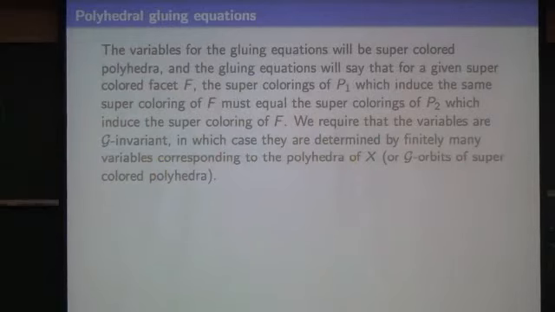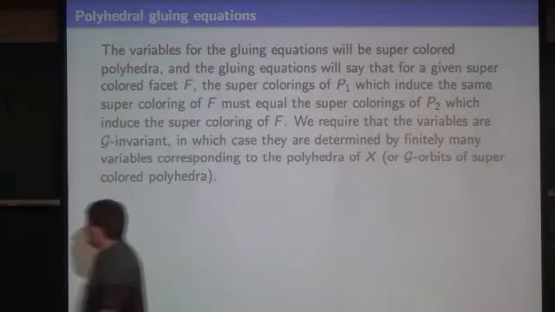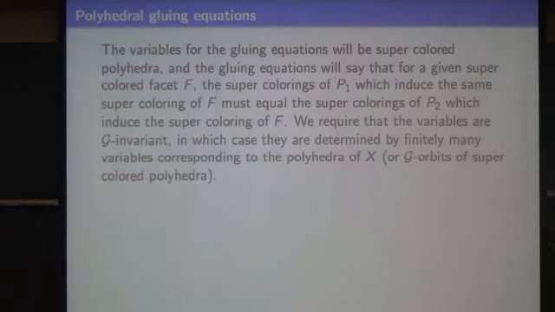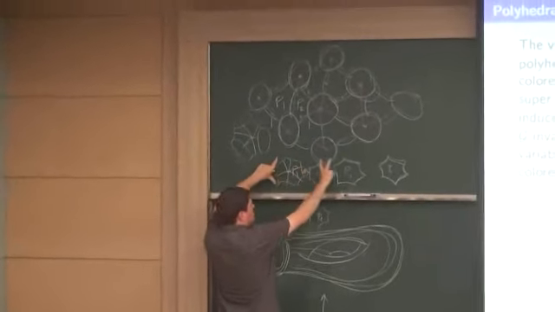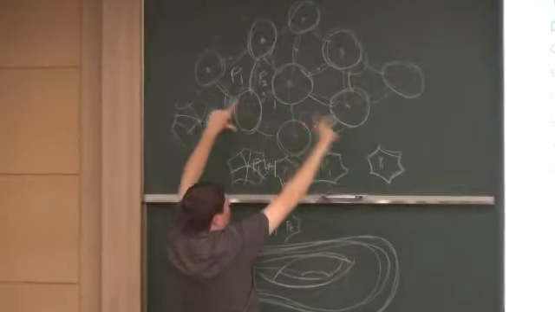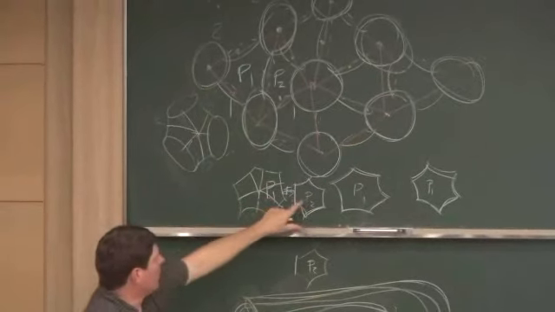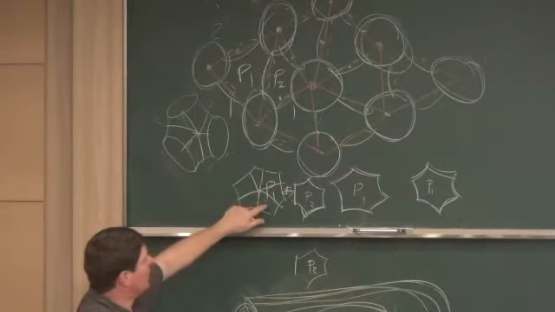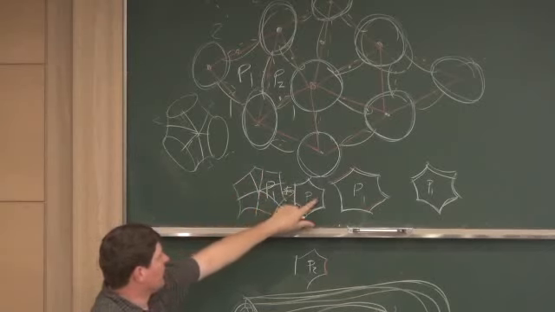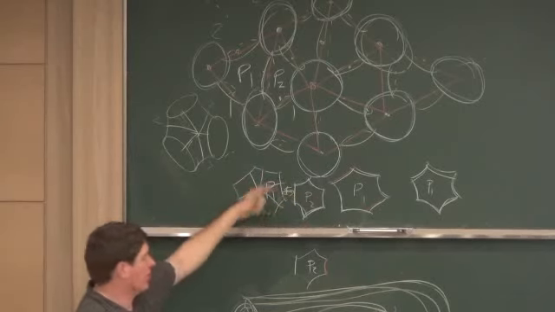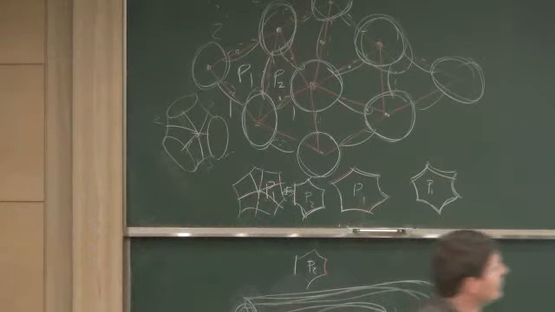And the gluing equations will say that for a given supercolored face, the supercolored polyhedron P1, which induces the supercoloring of F, must equal the supercolored polyhedron P2, which induces the supercoloring of F. So if you look at a face F here, like this face here, then the supercolorings of it will be determined by some finite amount of data inside of the covering space X. And we want the number of polyhedra P1 which induced that supercoloring of F to be the same as the number of colored polyhedra P2 which induce the supercoloring of F.